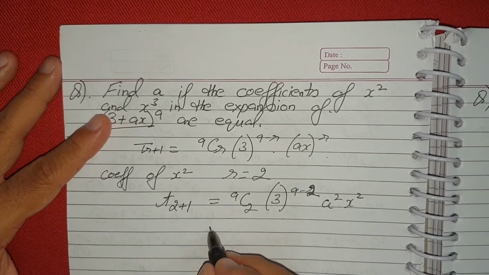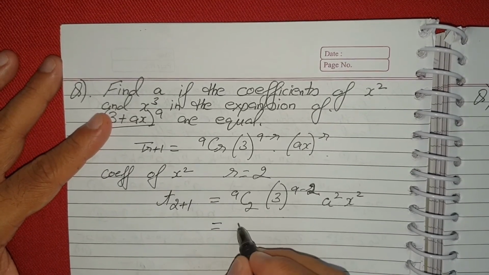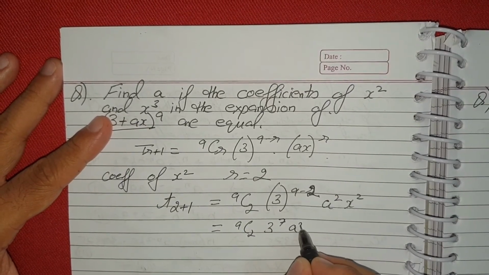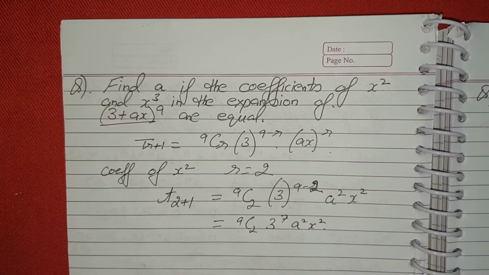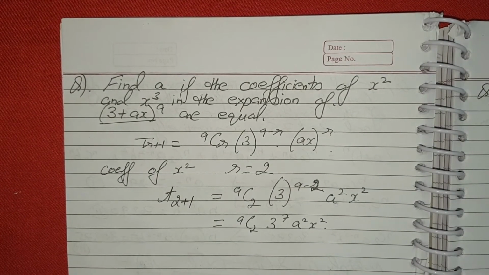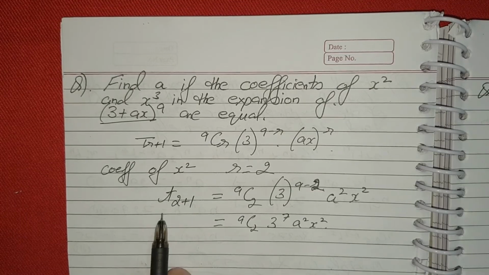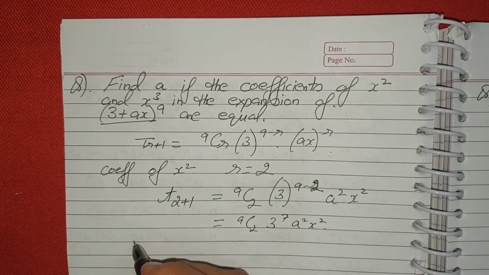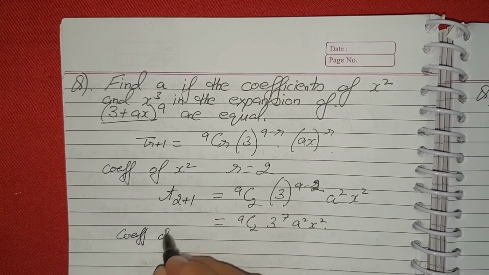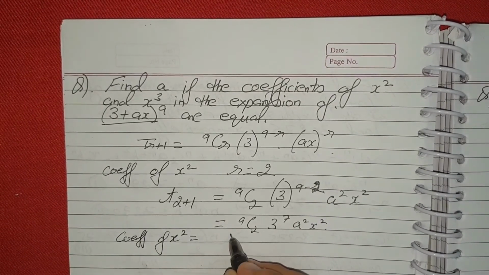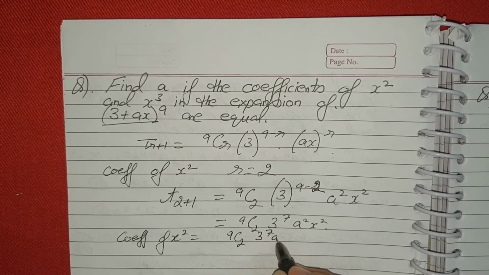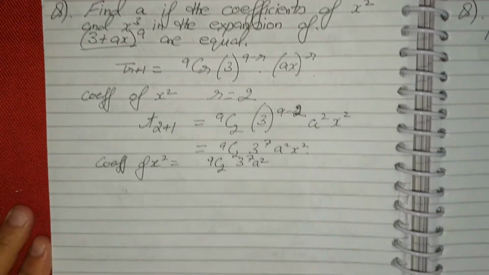So this is 9C2 3 to the power 7 a square x square. So the coefficient of x square is 9C2 3 to the power 7 a square.